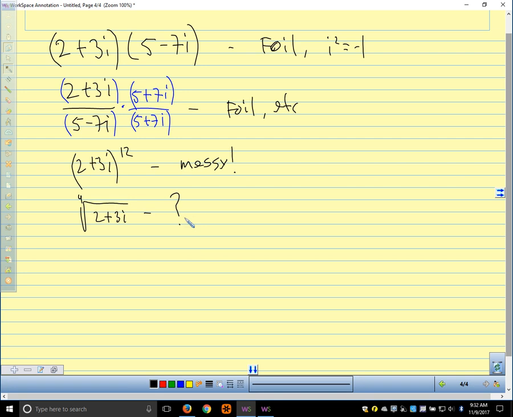And why would you want to find the fourth root of a complex number? Well, one, because it's interesting, an interesting idea to find the roots of complex numbers. But two, complex numbers, believe it or not, do come up in application. Complex numbers come up in electrical circuit design. Complex numbers come up in solving various kinds of what we call differential equations.